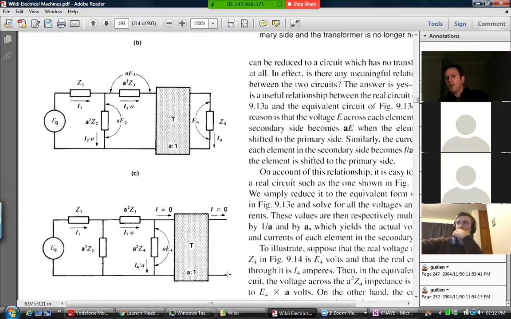If you've got open circuit over there, no current can get sucked out here, which means no current can get sucked in there either on the primary side, right? In an ideal transformer, the primary current is inversely proportional to the turns ratio, but with no current on the secondary, you don't suck anything in here either. So this whole thing here is a dead end.